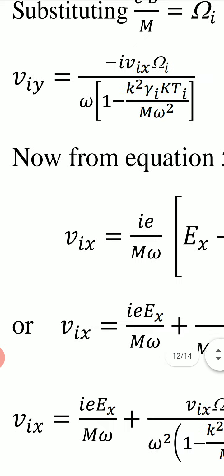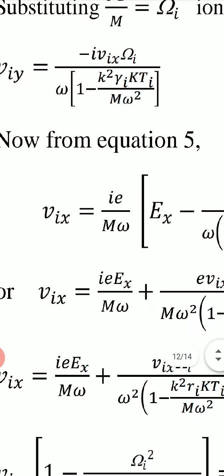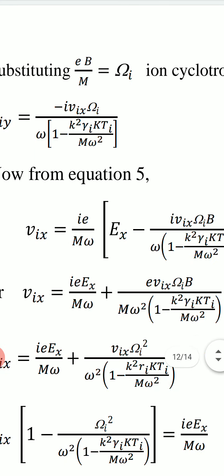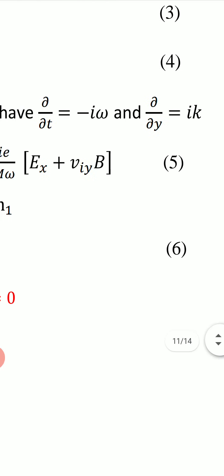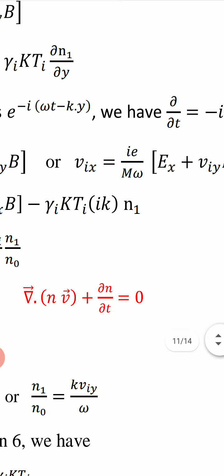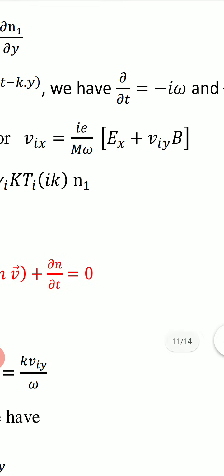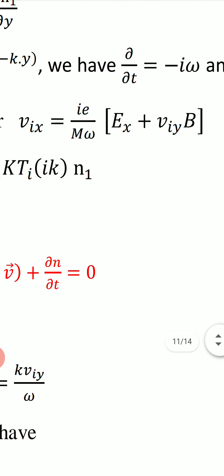Now from equation 5, for Vix, it is IE upon m omega into Ex plus VIY B. So here we put the value of VIY to find the value of Vix.